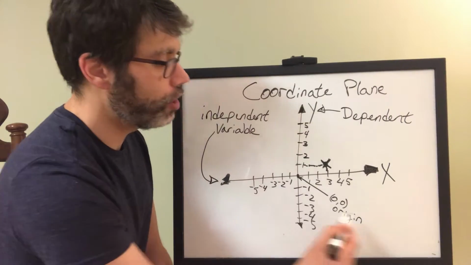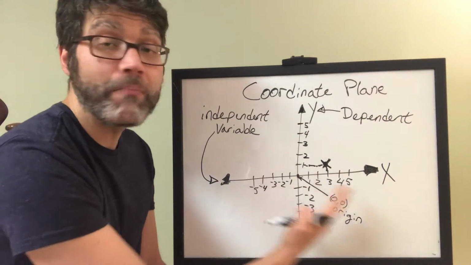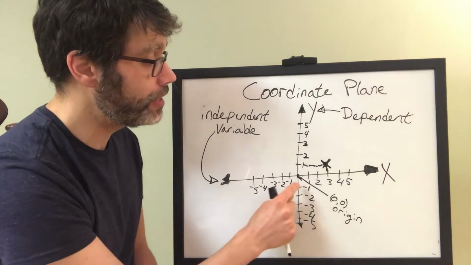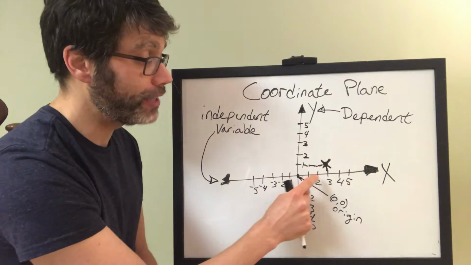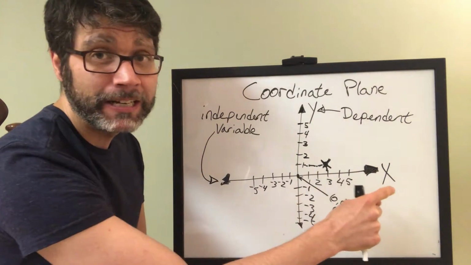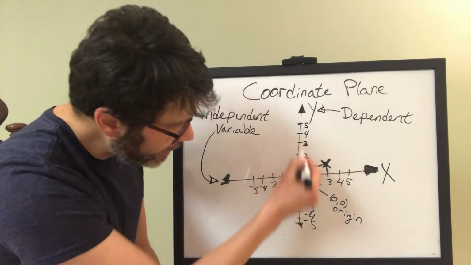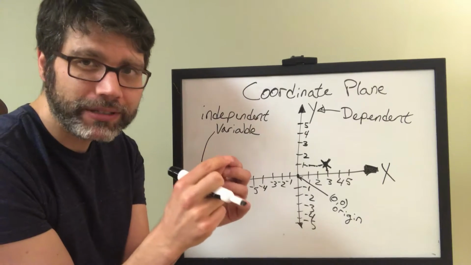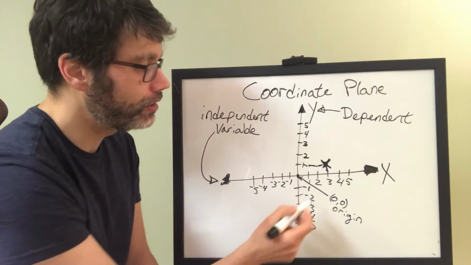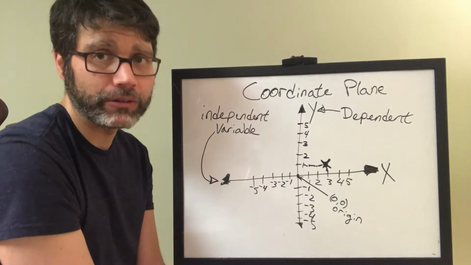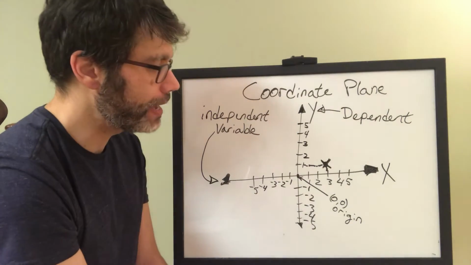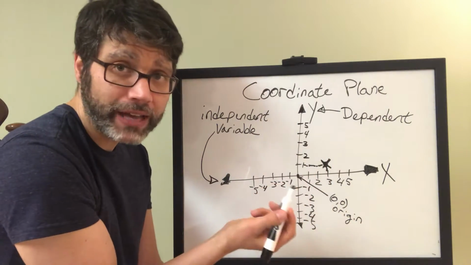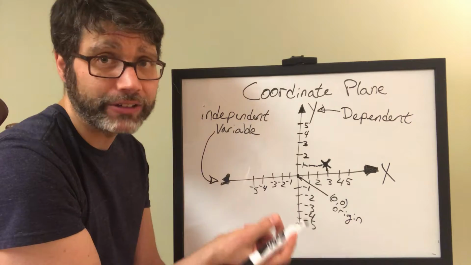So the origin is always 0, 0. No matter what the scale is, if we go up by 1s, or if we go up by 2s, or by 8s, the place where the two axes intercept, or cross, is called the origin, and it's always going to be 0, 0. Meaning the x value is 0 at that point, and the y value is 0 at that point.